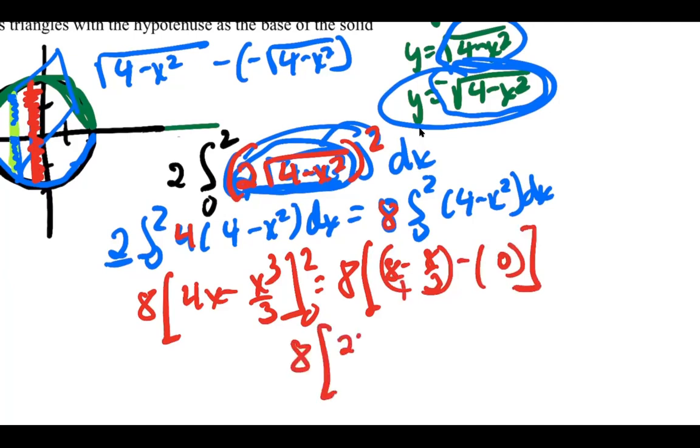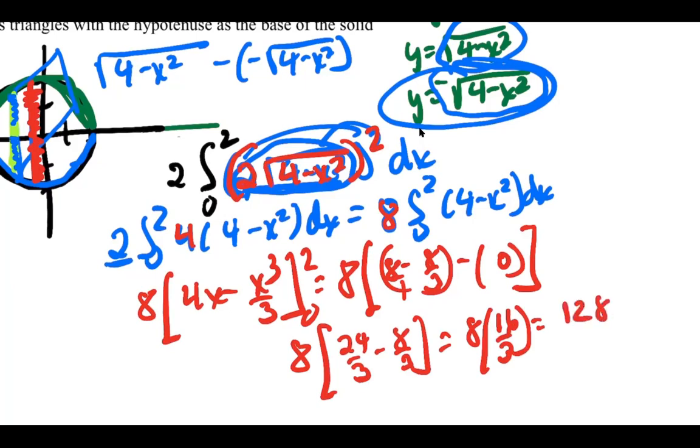So I get 24 thirds minus 8 thirds. Oh, I think I just didn't multiply 8 by 16 correctly. I don't know what I did. All right, so I think I got that far and didn't say 128 over 3.